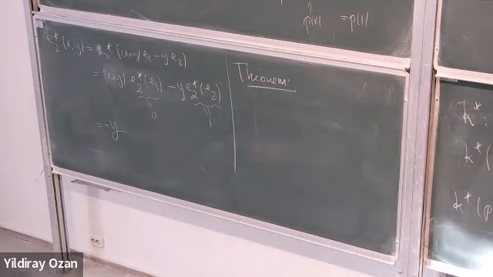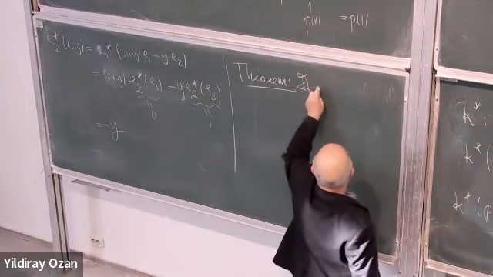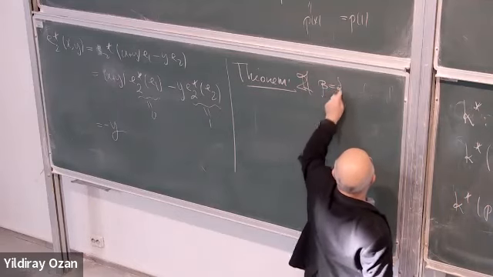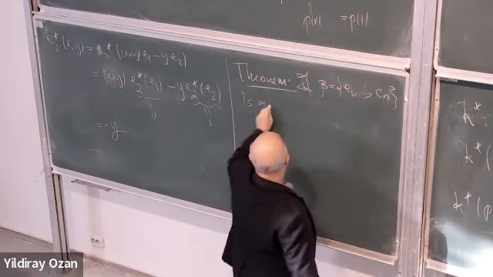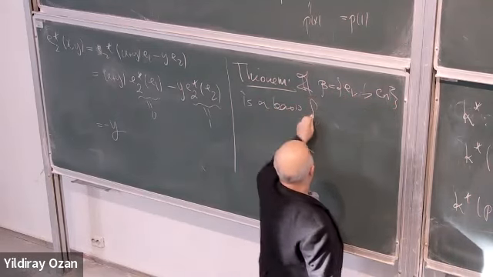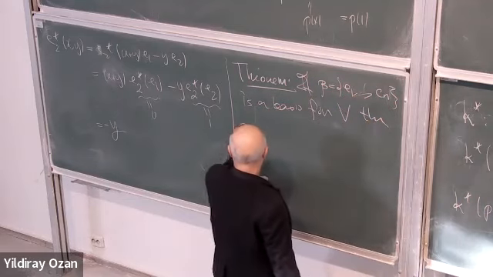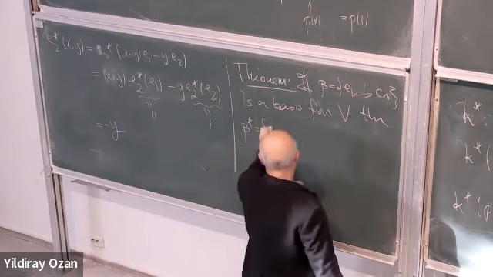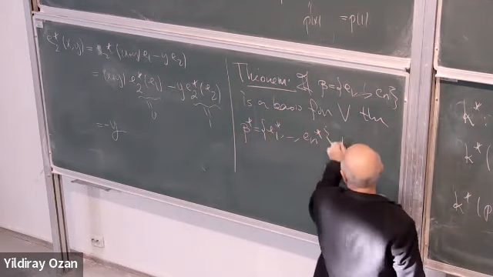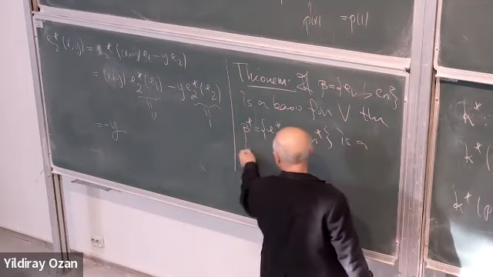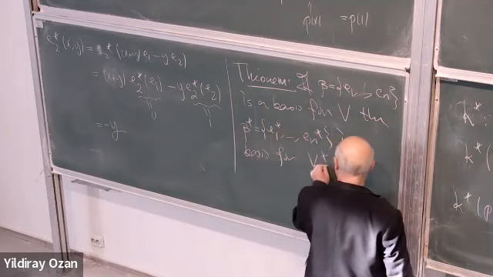Under this assumption, if E1 up to En is a basis for V, then E1 star up to En star is a basis for V star.